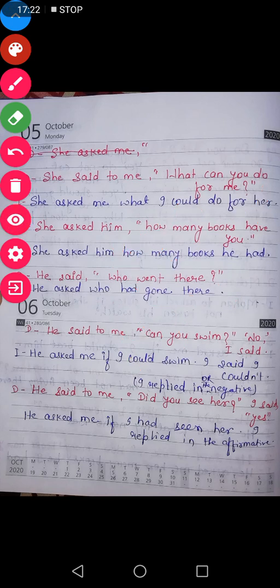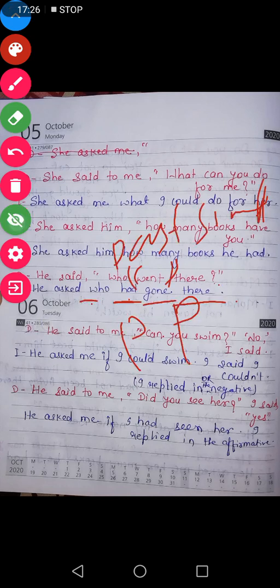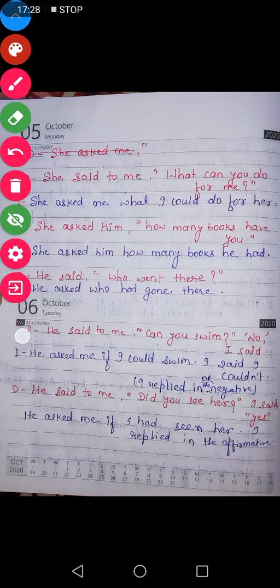Now students, there is one more example in which the answer is also given. Let us understand it. He said to me, "Can you swim?" "No," I said. So somebody asked me if I could swim or not, and what I said? I said that no, I cannot swim. So these kind of sentences into indirect, how is it changed? Let us find out. So he asked me.